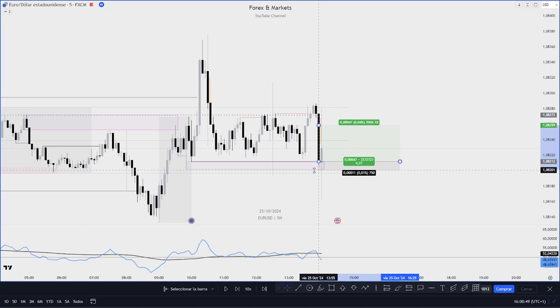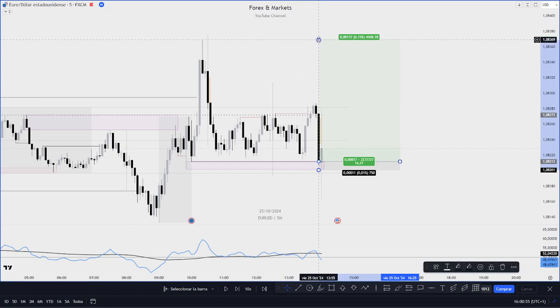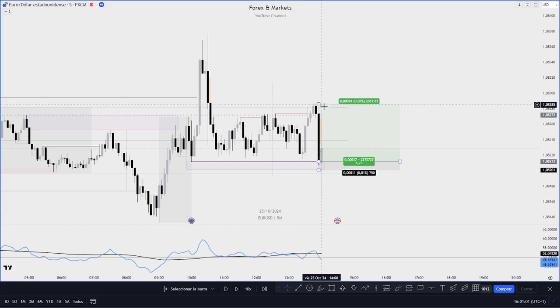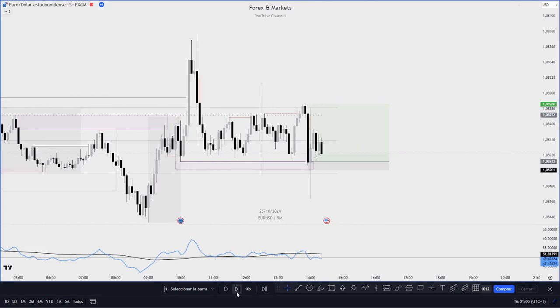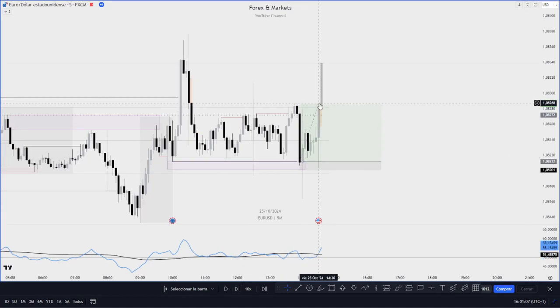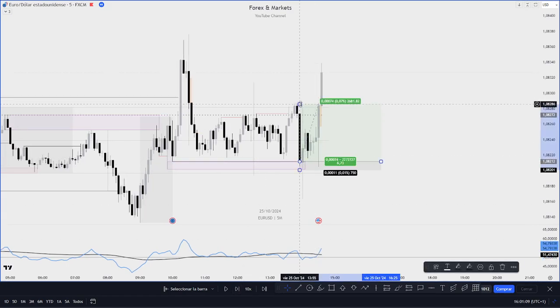Okay, and check the ratio because it's crazy. They want to make another higher high. If you don't want to be open until this point, you may take partials here, and the ratio is still quite nice. And look, it takes no time to reach the first target.